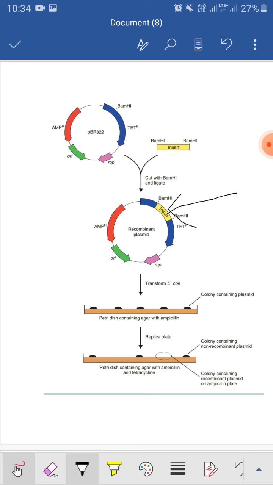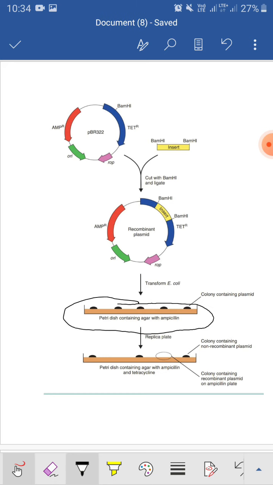So we can select based upon this criterion: if the transformation occurs, then it will disturb the tetracycline resistance capability of the cell. Here there are some petri dishes containing agar and ampicillin, the antibiotic, to see whether the plasmid is inserted within the E. coli cell or not.